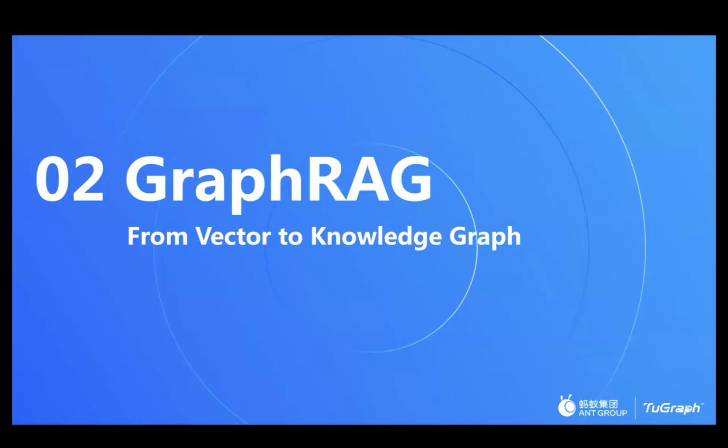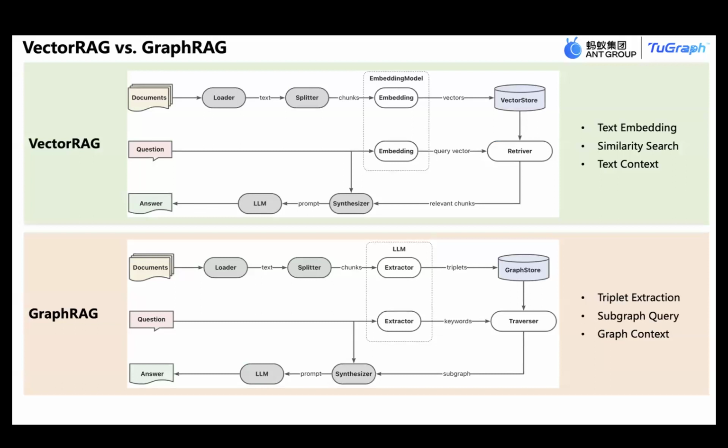The second part, I want to share the development of AntGroup GraphRAG. In the beginning, I want to compare vector RAG and GraphRAG. We can see the whole workflow of RAG is similar, but the biggest difference is the embedding model stage.